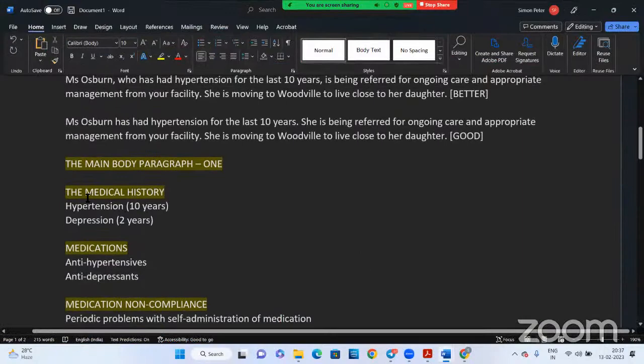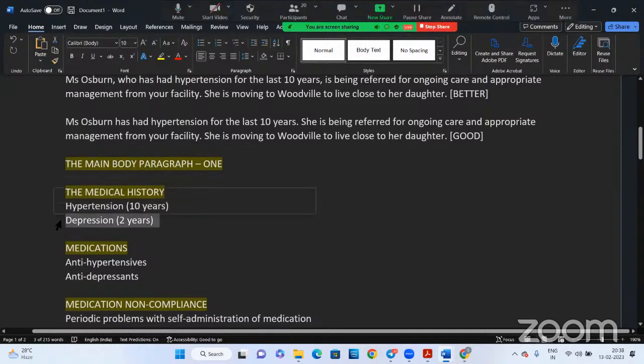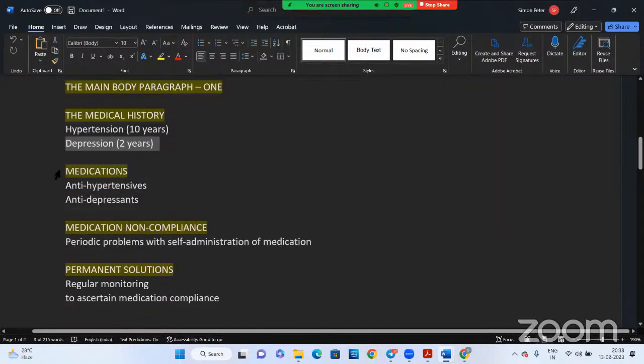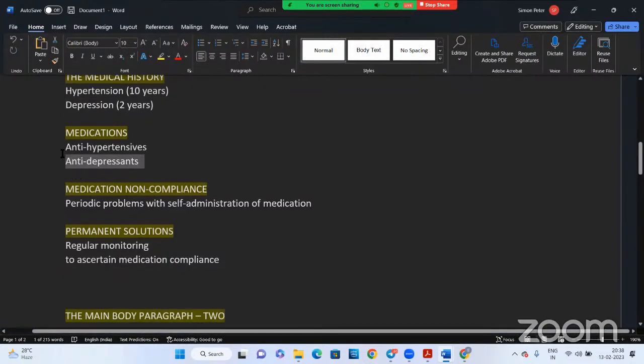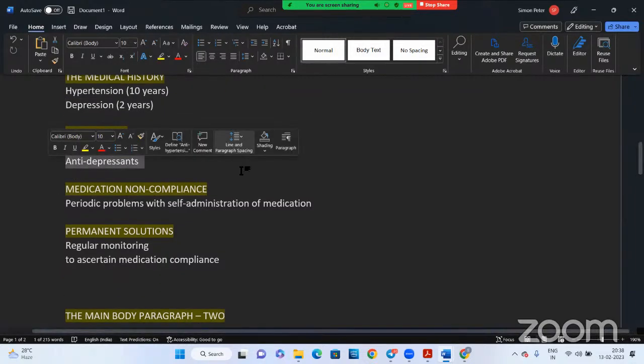So these are the 4 different main body paragraphs. First, you will write the medical history. That means she has hypertension and depression. These are the medications. For hypertension, we use antihypertensives. For depression, we use antidepressants. So these are the medications she has been taking.